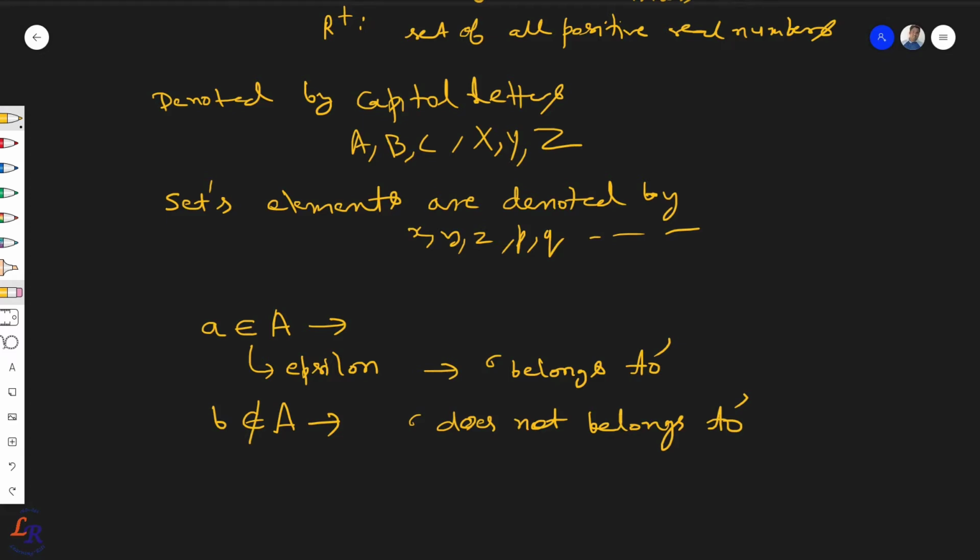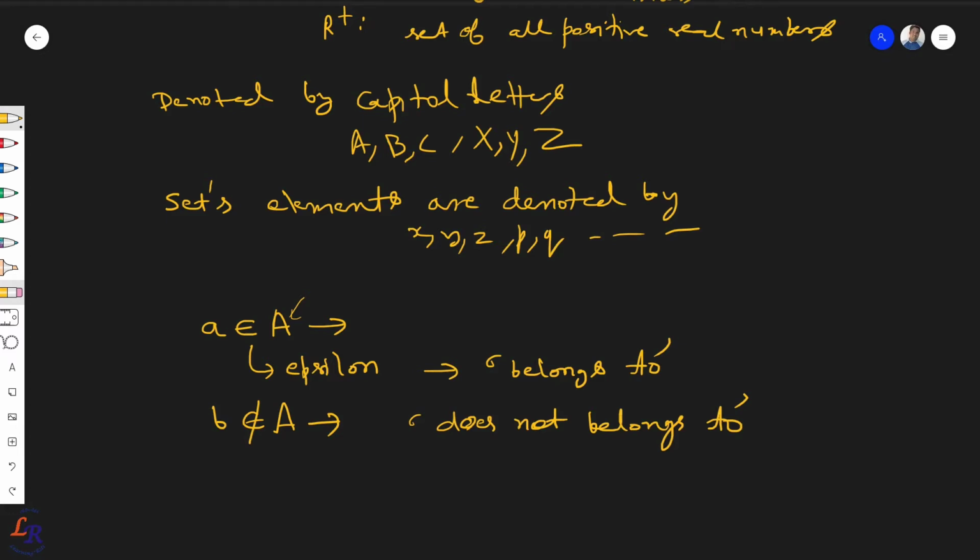If I write a ∈ A, the small letter represents an element of a set, and the capital letter represents the set. Epsilon is also called element of or belongs to. b ∉ A means b is not an element of, or does not belong to, A.